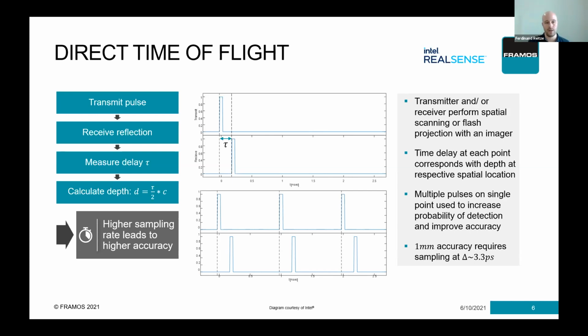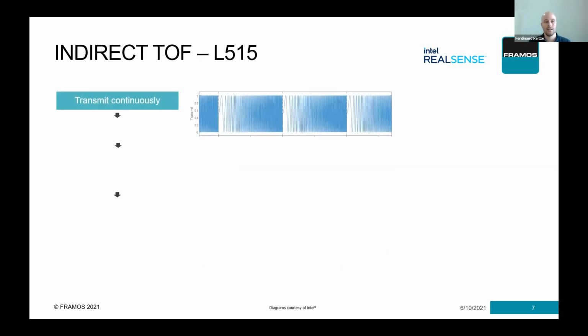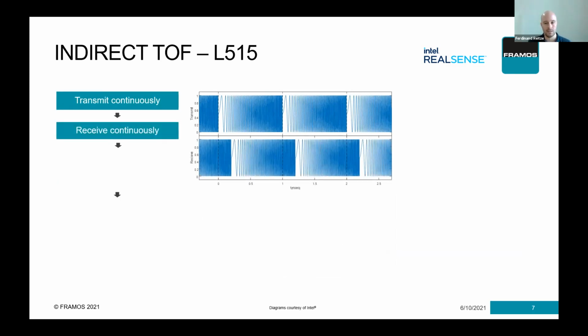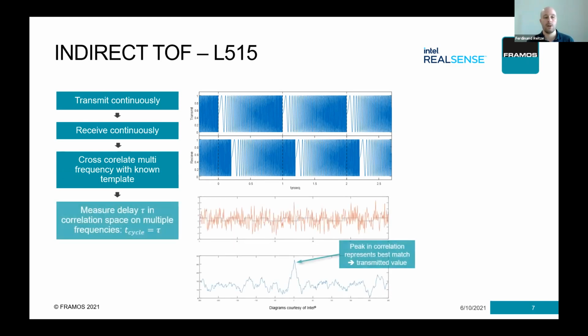On the other hand, indirect time of flight uses the same principle of measuring a delay, but instead of a single pulse, you transmit continuously and you also receive continuously. And then you can use correlation algorithms. In the case of the L515, this is done on multiple frequencies to compare it to the template that you've emitted and measure the delay in the phase.